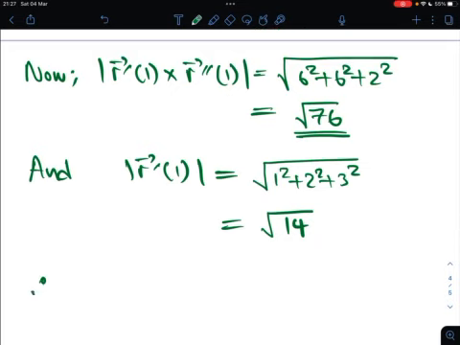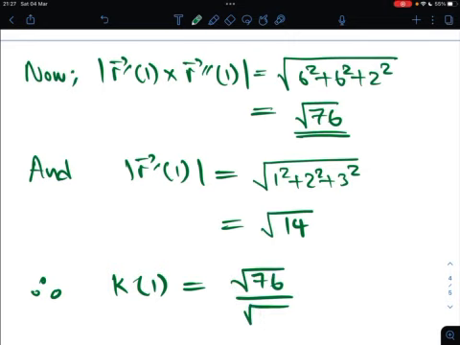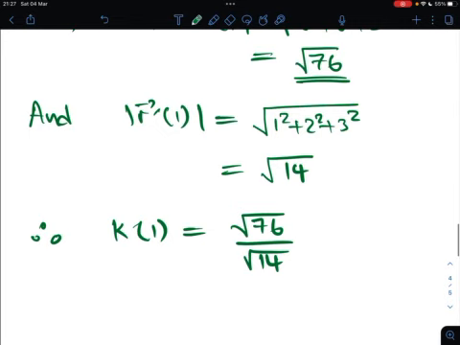Therefore, the curvature that we are looking for at 1 is going to be root of 76 over root of 14. So what do we get when we simplify this?